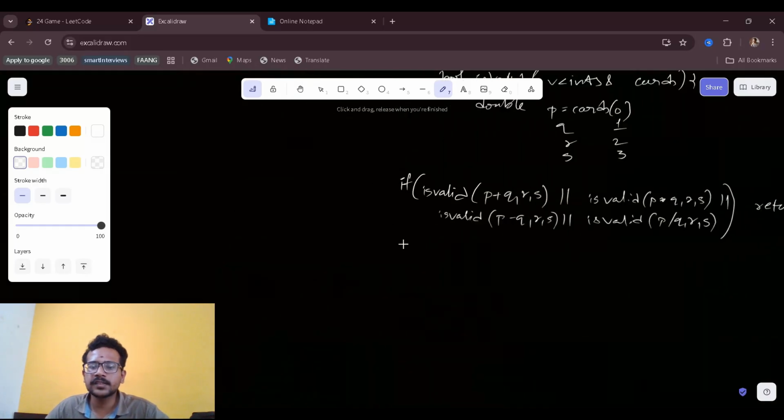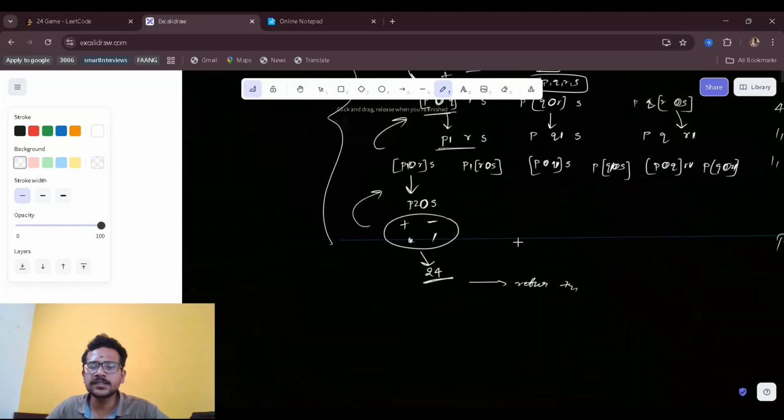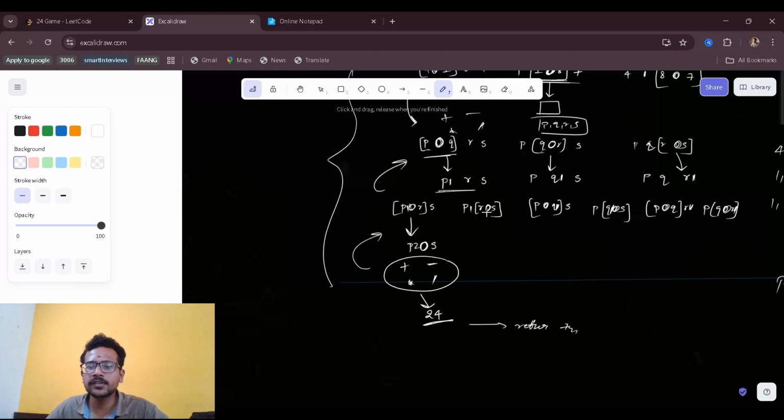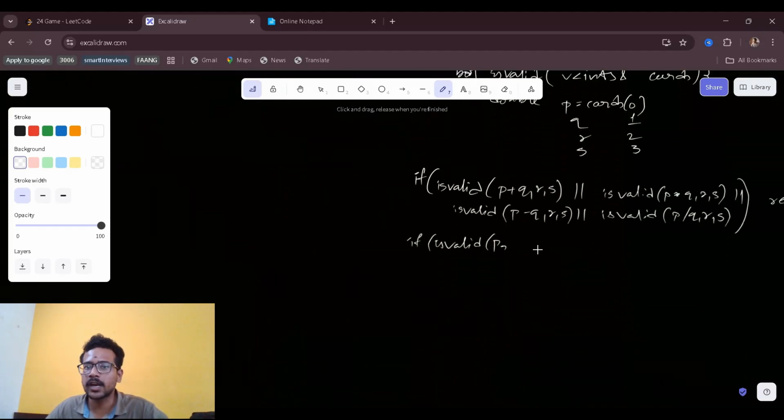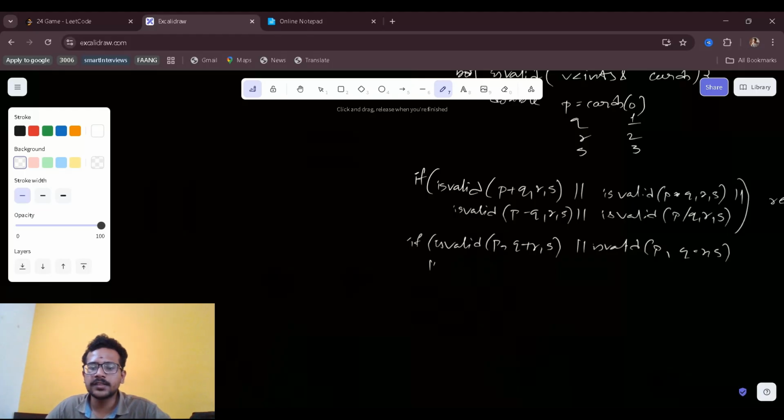Now there is another thing. I have P, and I just got this Q and R, right? So I need to place plus, minus, multiplication and division there also. So is valid P comma Q plus R comma S, or is valid P comma Q minus R comma S, or P comma Q by R comma S. I think my writing is not so good, so don't worry, I'll be giving the code at the end.